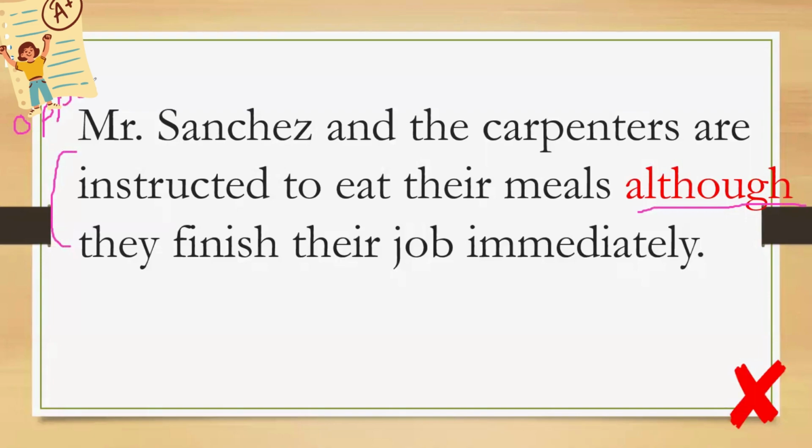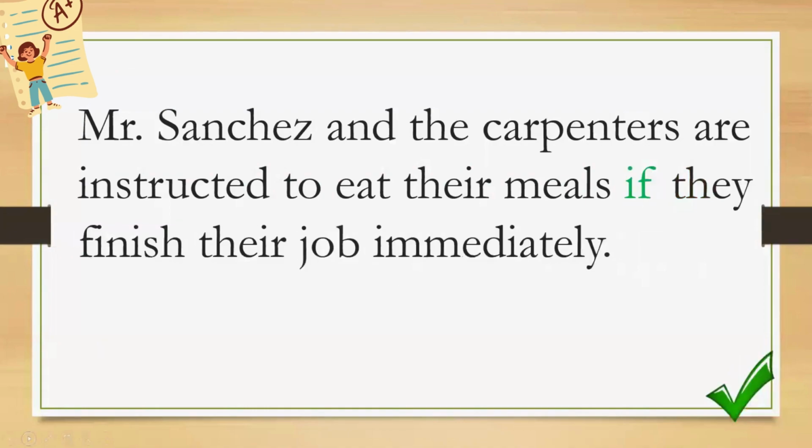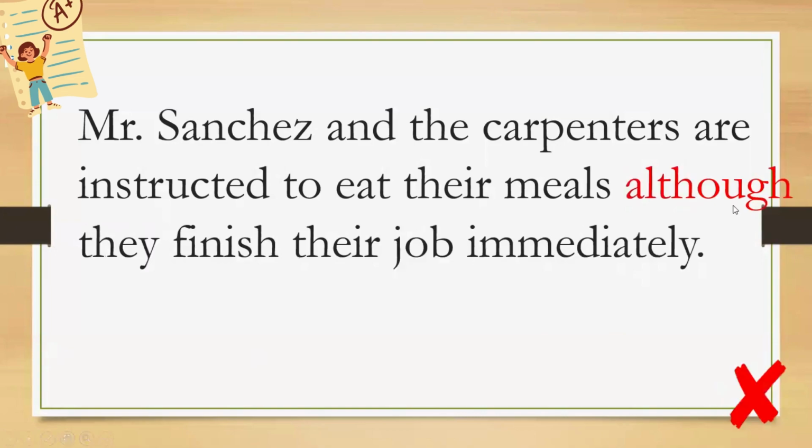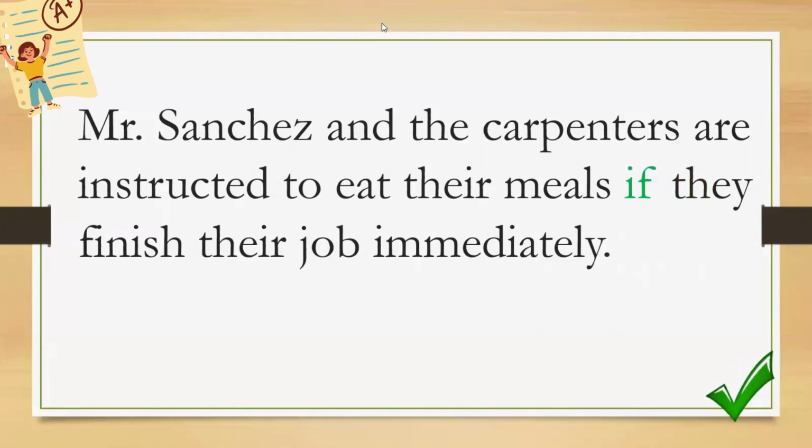No. The second sentence does not contrast the first sentence, because this is to show condition. Remember, although is used to show contrasting ideas, and if is used to show condition.